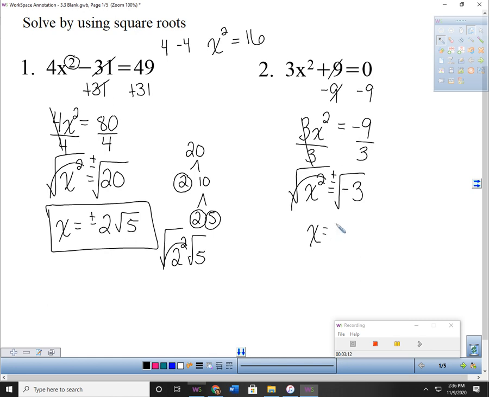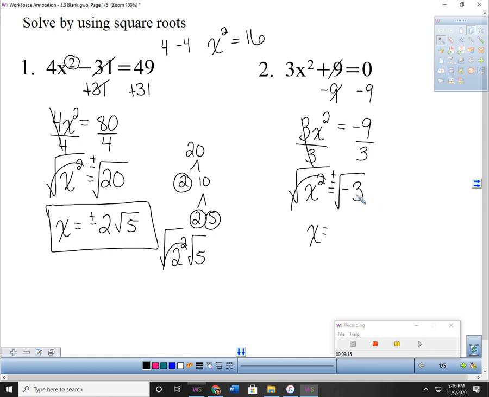So herein lies the problem. If I square root a number, that means I'm looking for a number that will multiply by itself to get this number. So what is the problem with multiplying by itself and coming up with a negative 3? Okay, nothing multiplies by itself to get a negative 3.